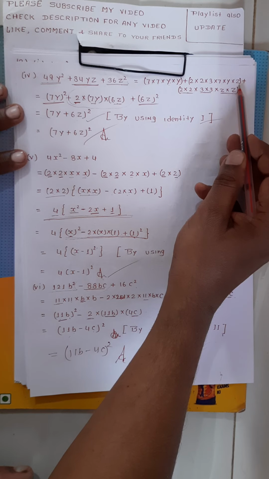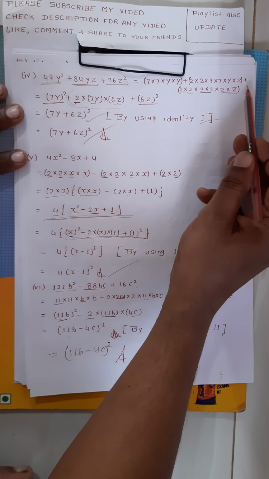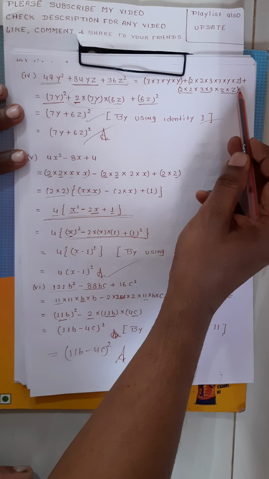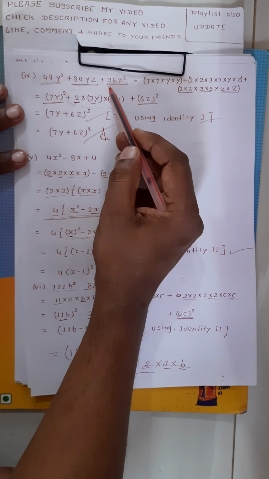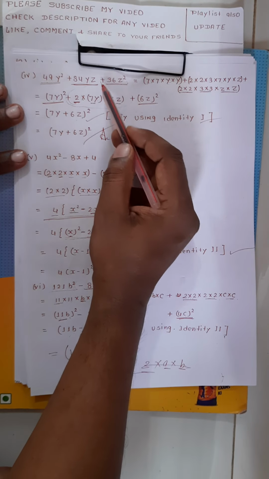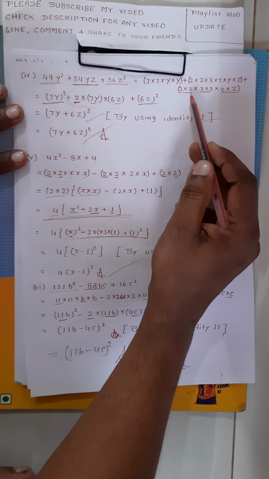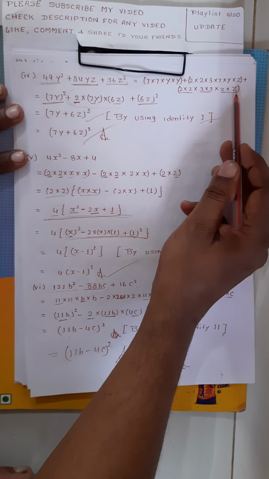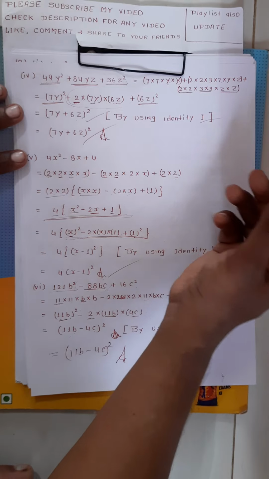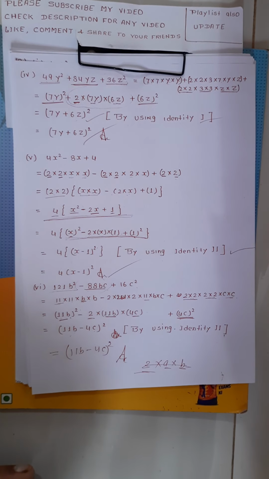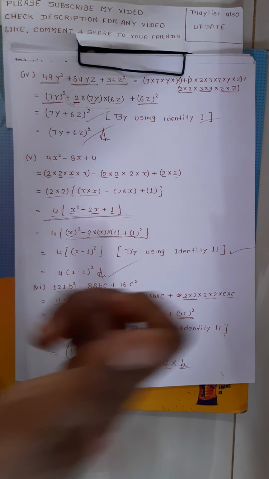Okay, it is the irreducible factor form. Plus 36z square. For the 36z square, our value will be 2 into 2 into 3 into 3 into z into z.